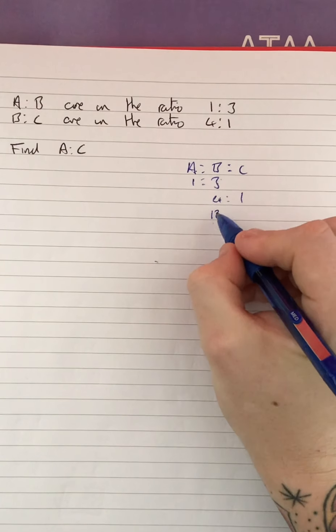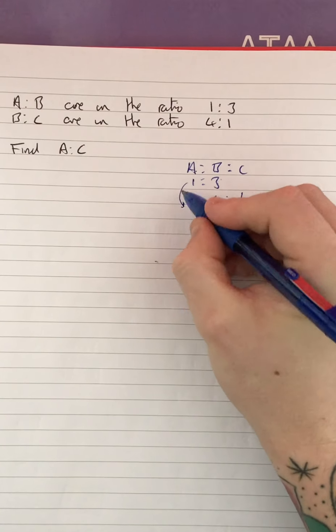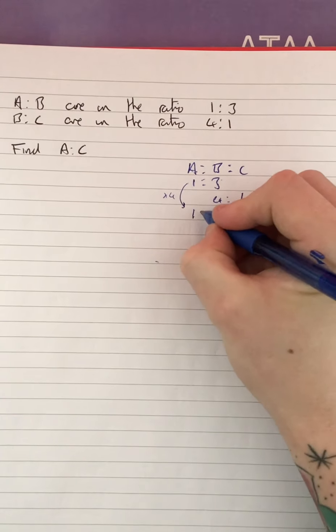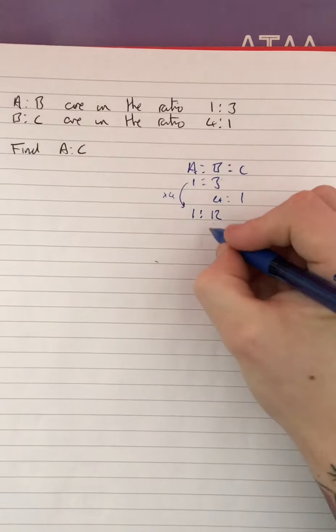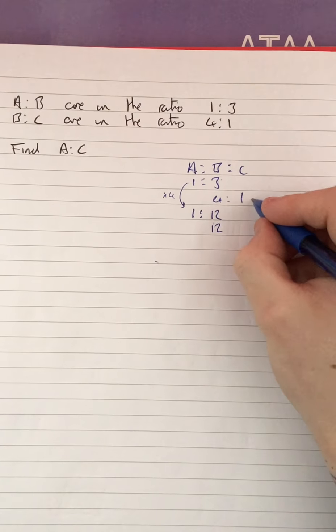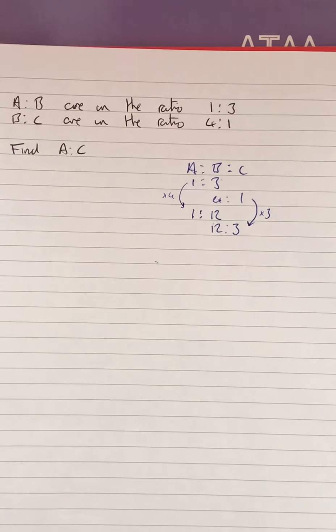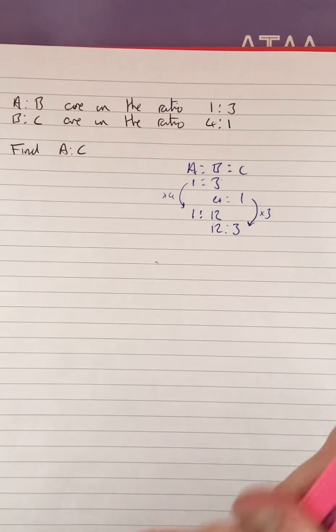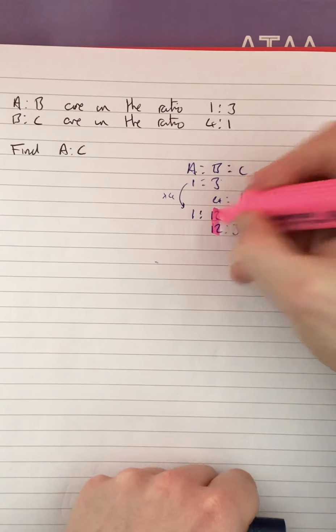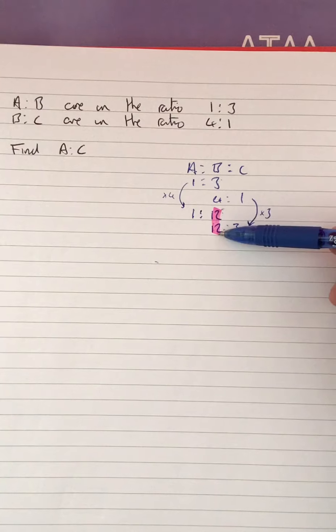What have we times 3 by to get to 12? We've times it by 4. So we're going to times that by 4. 1 to 12. What have we times 4 by to get to 12? The answer is 3. So we're going to multiply that by 3. Okay? Now, we've got the same number in the common part of both ratios.